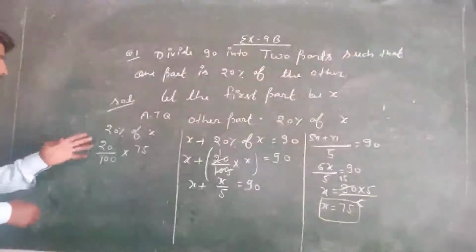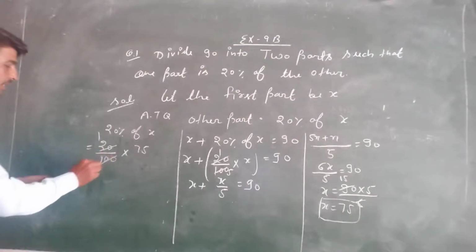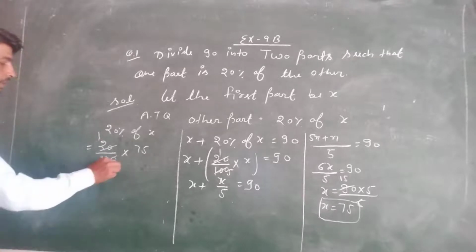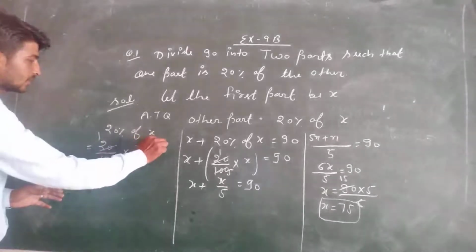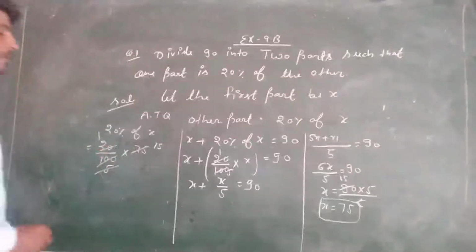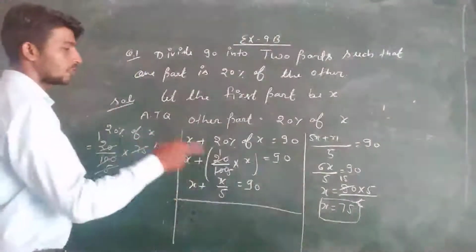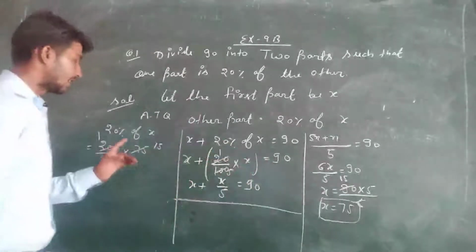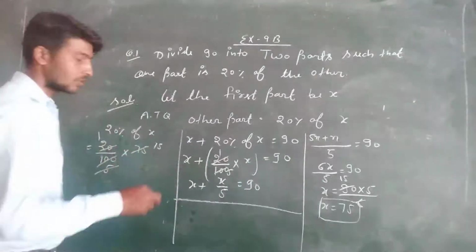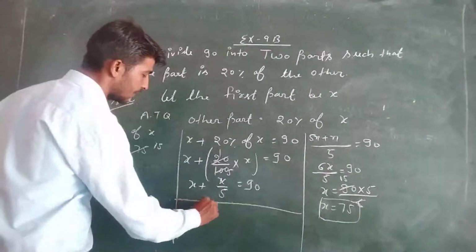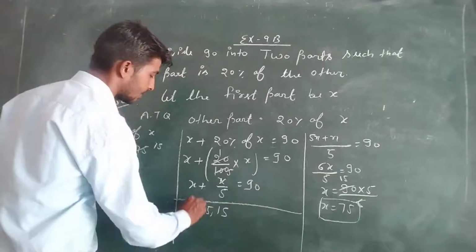Then you will solve this. So 20 by 100 reduces to 1 by 5, and 5 times 15 is 75. Means you can say here the value of the first part is 75 and the second part is 15. So your answer will be 75 and 15.